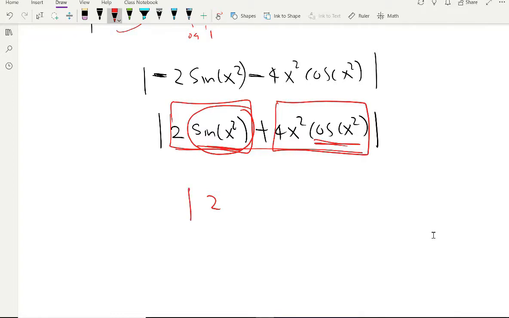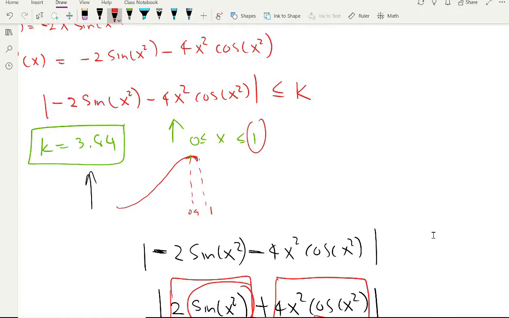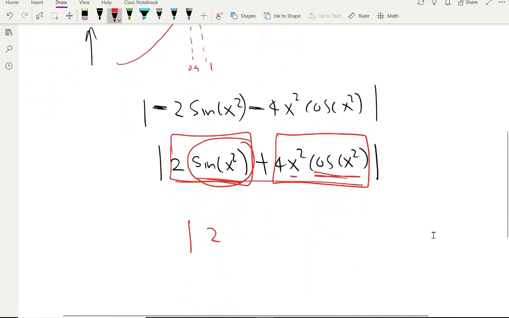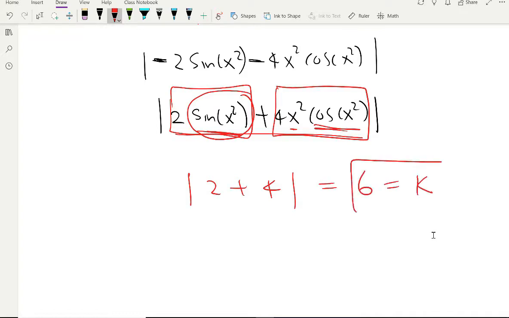So it's 1 times 4x square. Now what is the maximum x can get? The x can get maximum is 1, because we are working with x values between 0 and 1. So it's 4 times 1 square, which is 1 times 1 is 1. So 4 times 1 is 4. So this is what we get: 4 plus 2 is 6. So K value is 6.